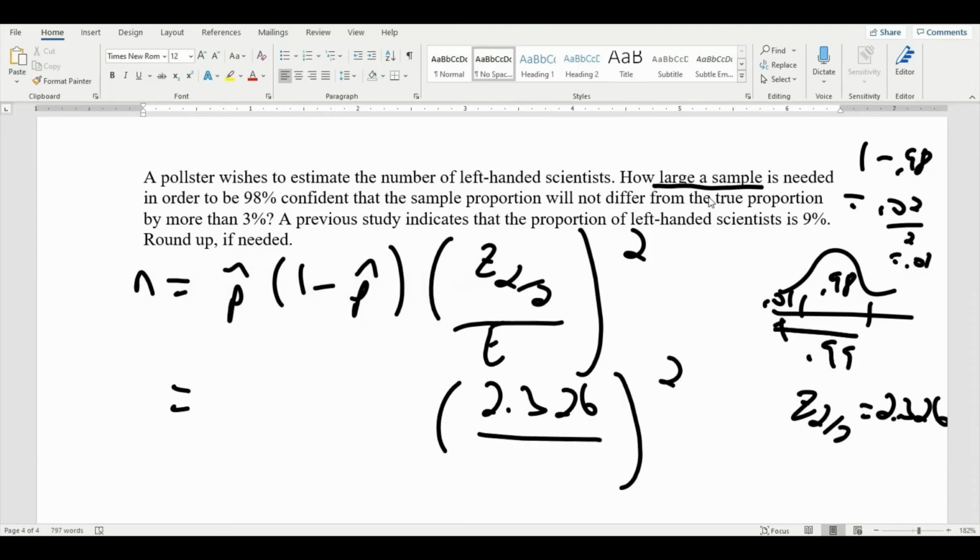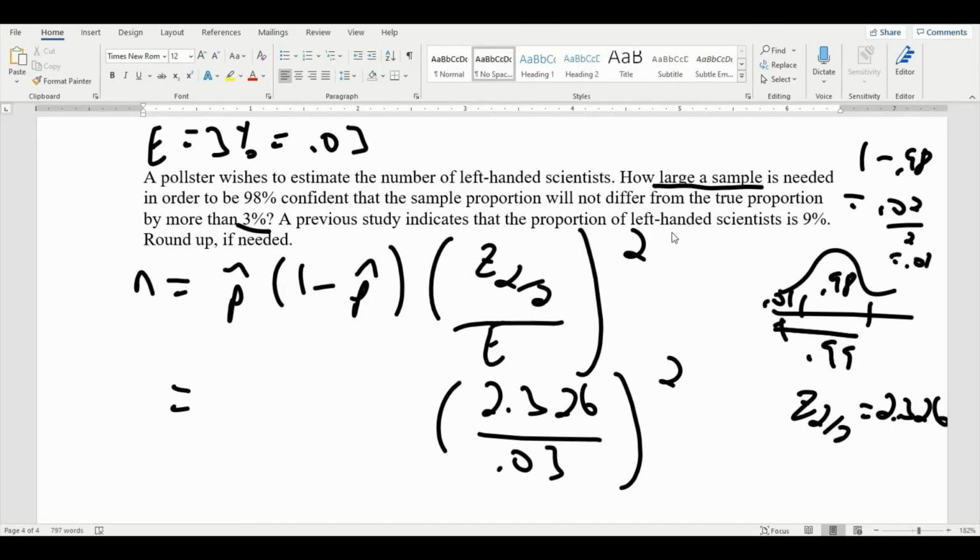P hat. You have to be really careful how you read this. When that differs from the true proportion by more than 3%, that actually is our margin of error. So as a decimal, that's what we'll use.